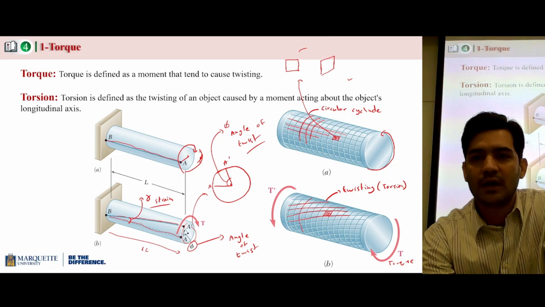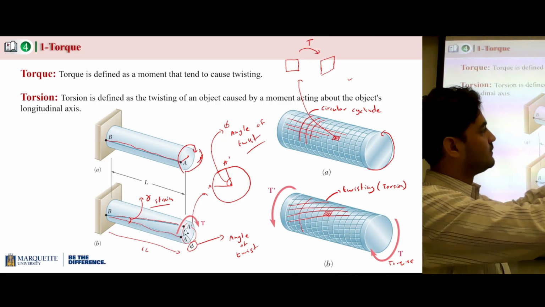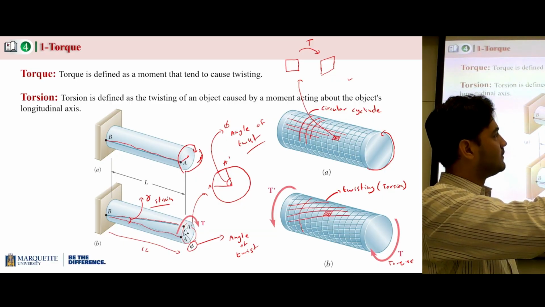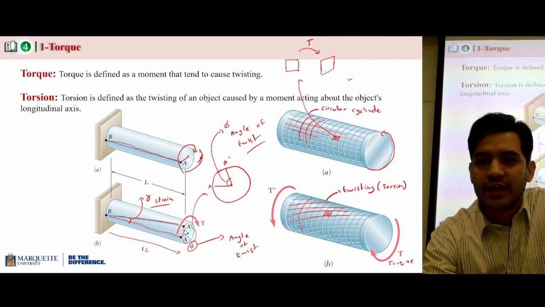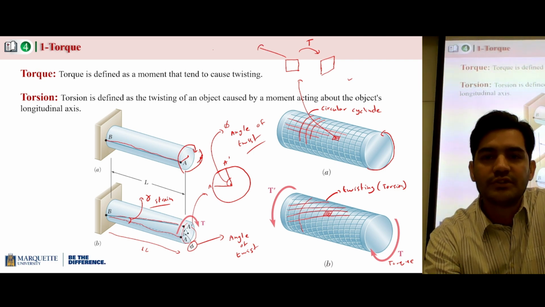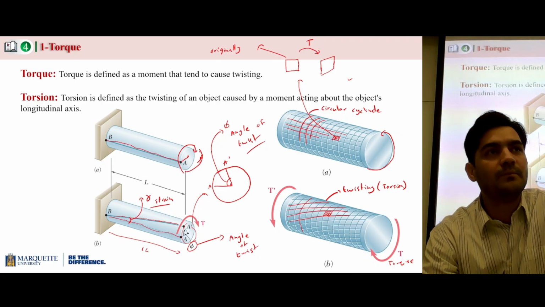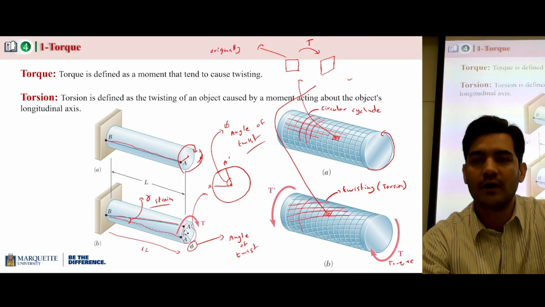If you apply torque, the individual elements or the surface of the section are going to deform, are going to change shape. Originally this was like this, which I've taken out from before we apply torque, and after we apply torque, I've taken out this.